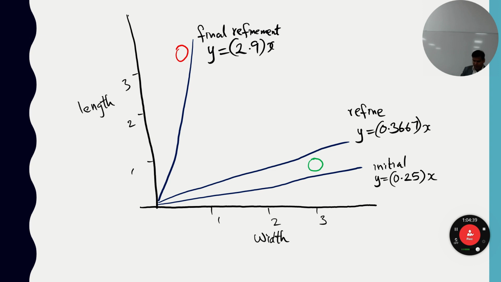In effect, we are throwing away any learning the previous training examples might give us and keeping just the learning from the last one. That is one of the problems people used to have. So initially we had one, then you refined, and finally you have the final refinement. We want to make sure that all the previous learning examples are not ignored. That is very important for any machine learning concept.